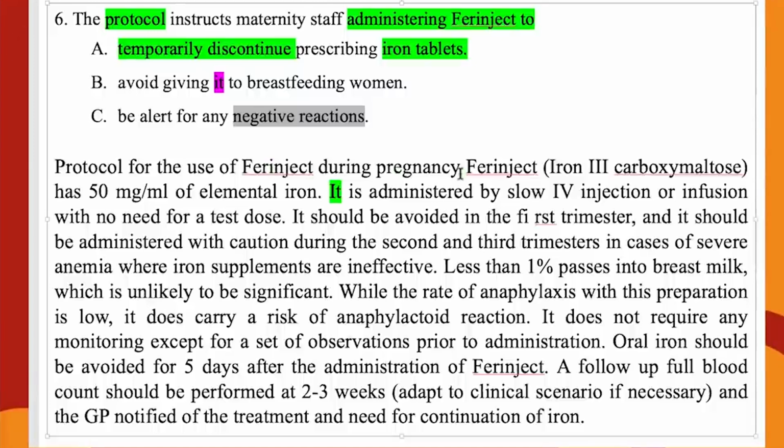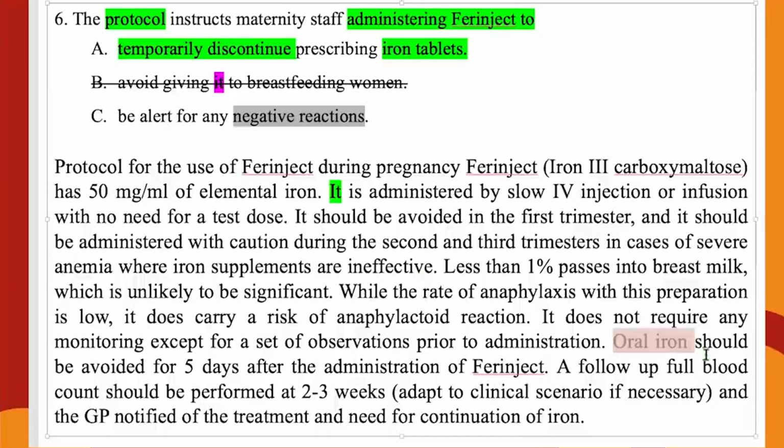So it is administered by slow injection. Do you have any problem with any of the instruction options here? The statement already says you are administering it to pregnant women. So Option B, breastfeeding woman, is a negative. This can be eliminated immediately.